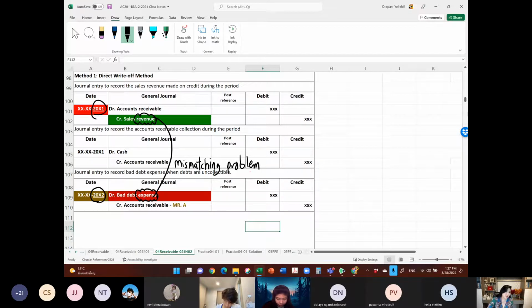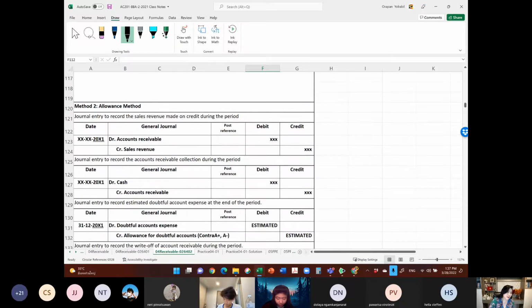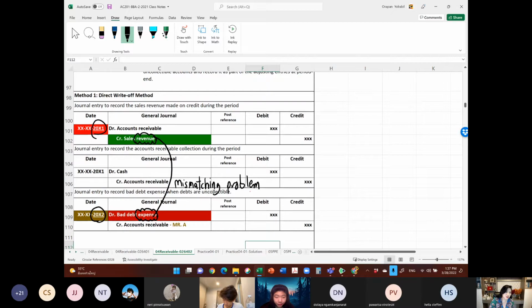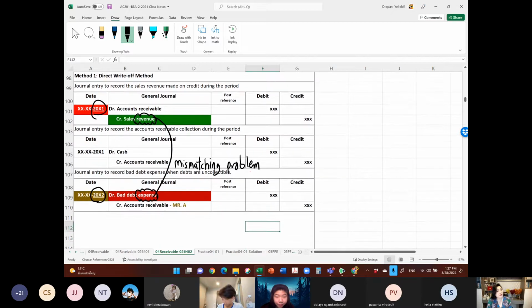So what we're going to use is the allowance method. This is the one for accounting. Do you have any questions on method number 1, the direct write-off, before we move along to method number 2, the allowance?